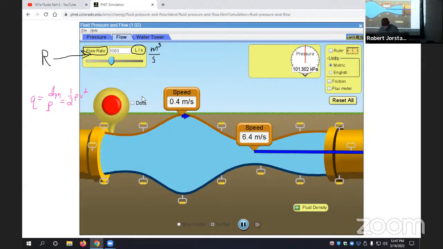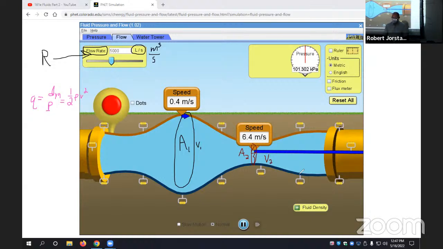So if I say it this way, right here, there's a large area. I'm going to call that area 1, which is big. And there's a speed here, V1. Whereas over here, we've got area 2, a lot smaller, and we've got V2.